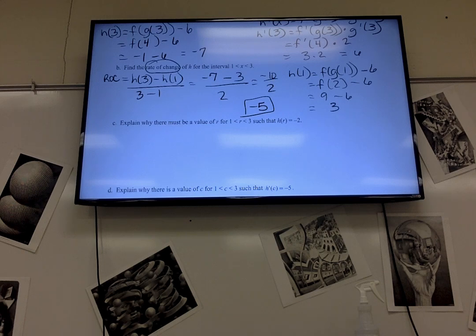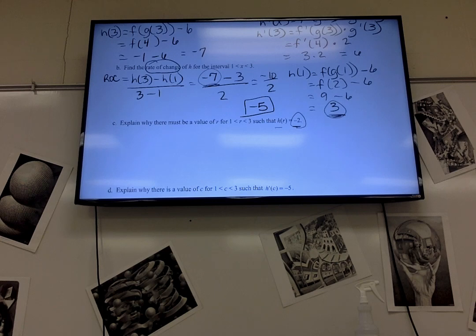Well, negative 2 is between h of 1 and h of 3. H of 1 was 3. Negative 2 is the y. And h of 3 is negative 7. So yes, that's the y. So this y is between these two, somewhere.